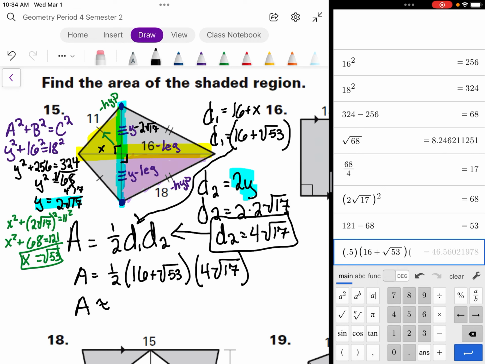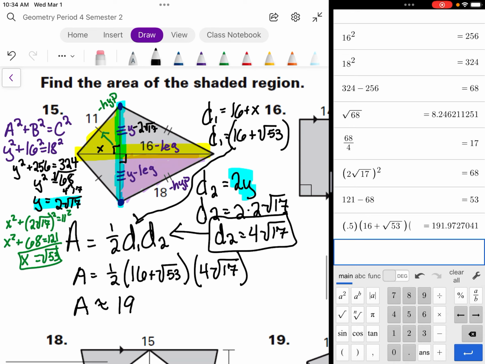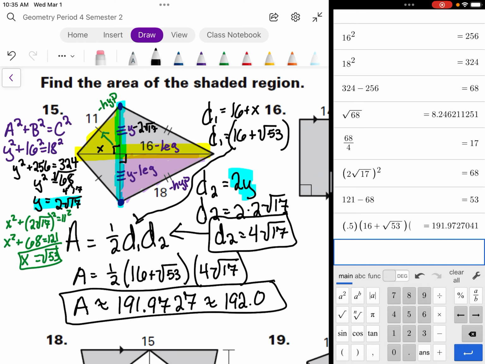And you want to type it in the same way that it looks, with the parentheses, so that you know that your answer is going to be correct. And that gives us about 191.9727. So if we rounded it to 1 decimal point, we would get 192.0. So if you gave either of those answers, it would be correct, unless it tells you specifically where to round your coordinate point.